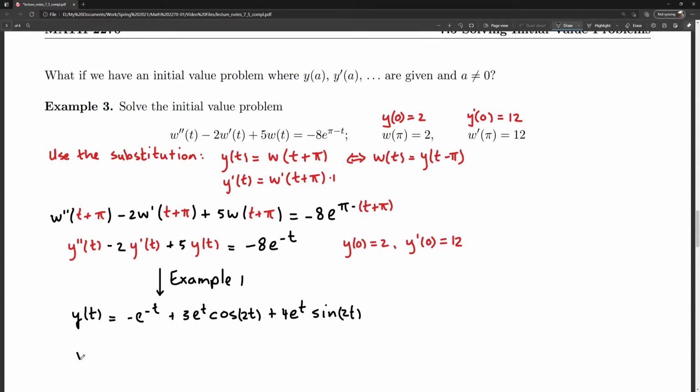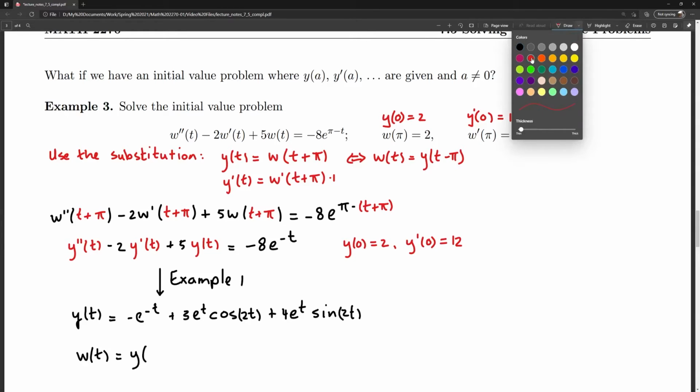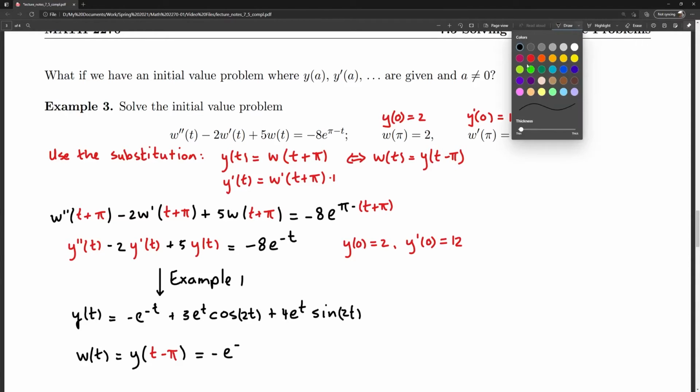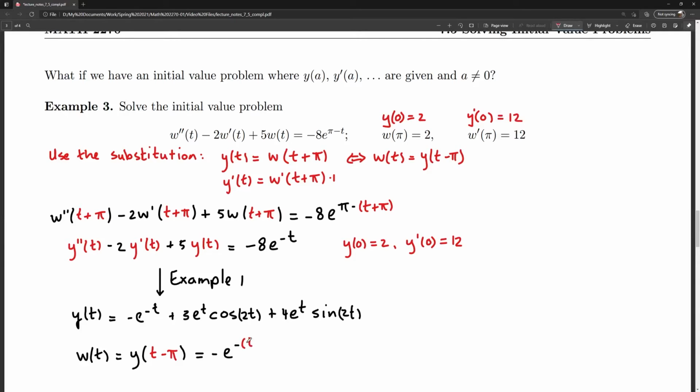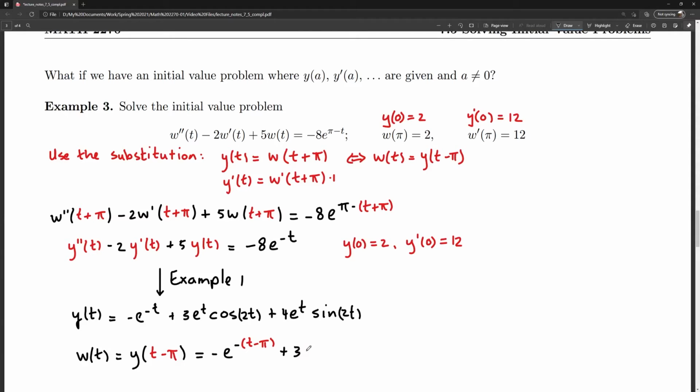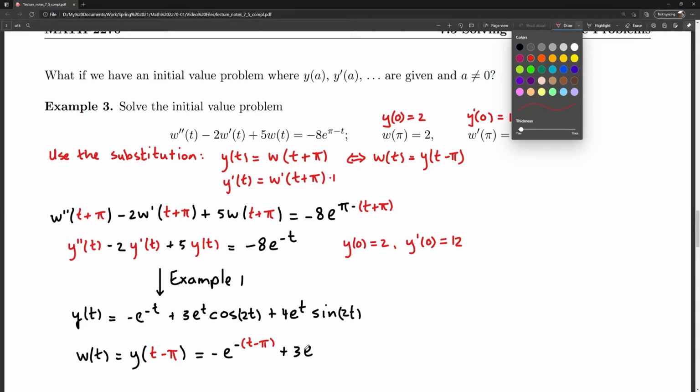So here we're going to write w of t is y of t minus pi. And so that's negative e to the power negative t minus pi, and then plus 3 times e to the power t minus pi.